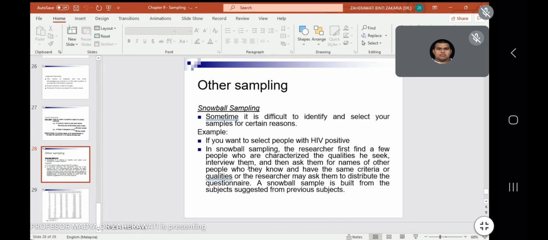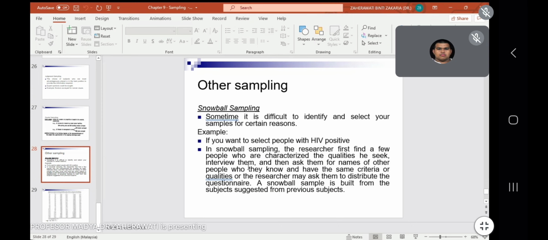They become a reference for you to get other respondents. Let's say you don't know how many of them are HIV positive, prostitutes, smokers or vapers, especially when you use qualitative, not quantitative.